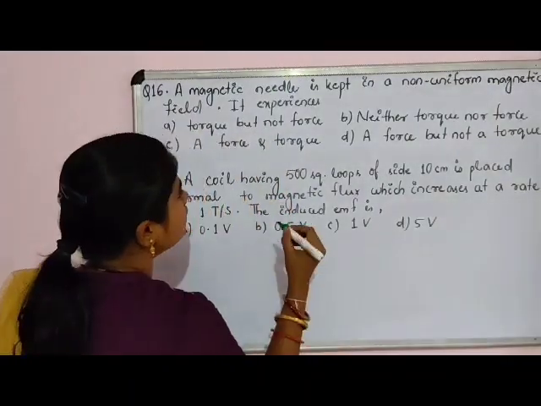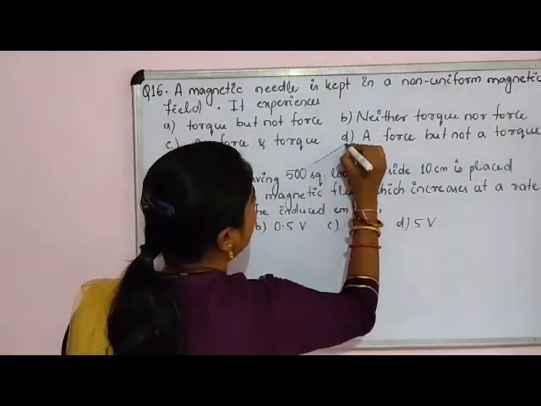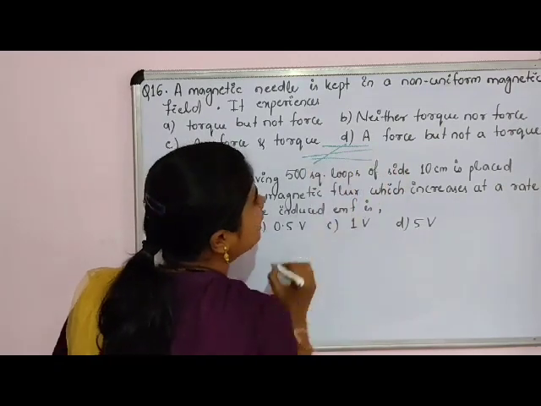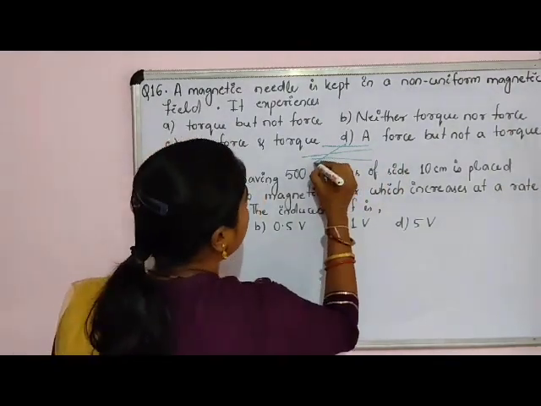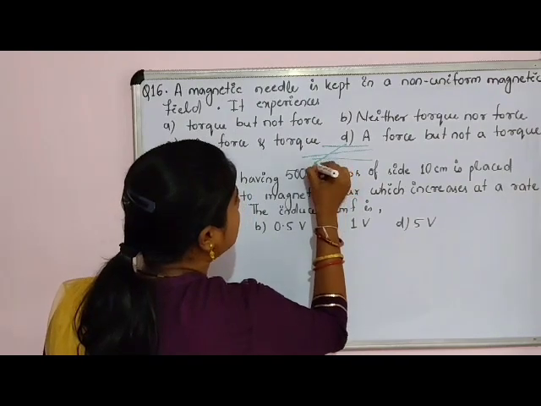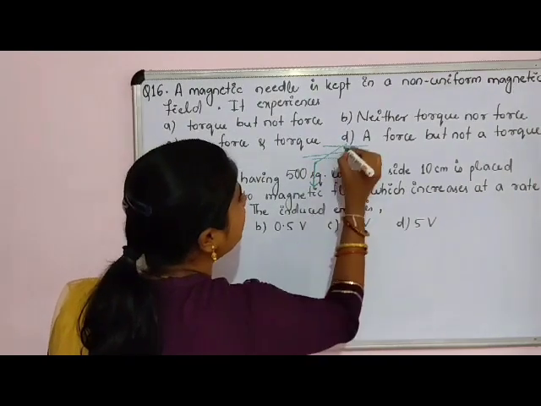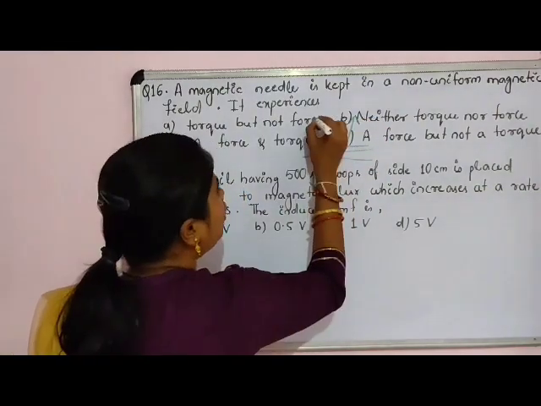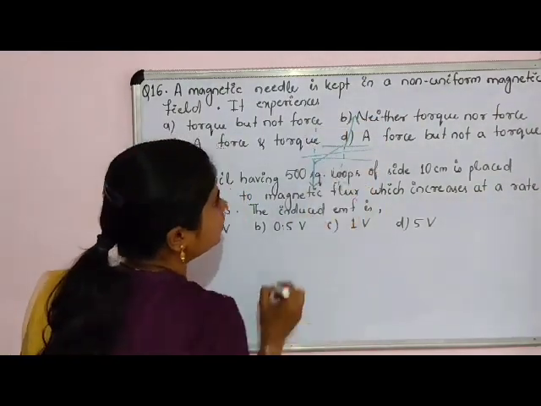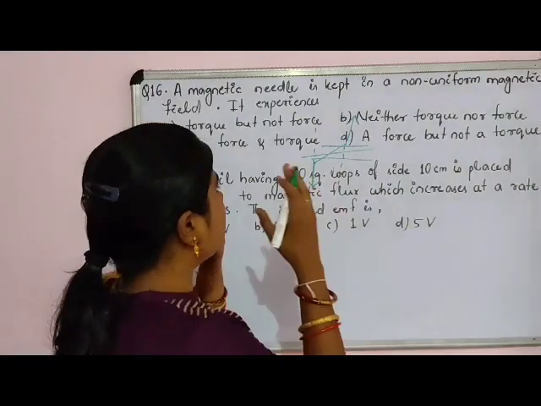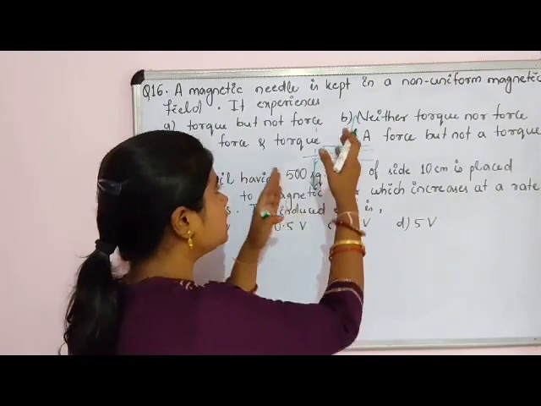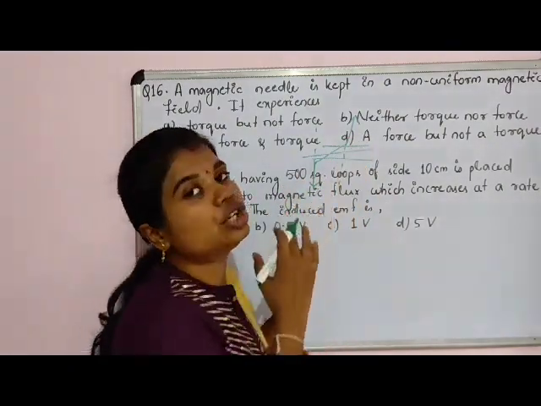Just like you can see, if this is the magnetic needle placed in a non-uniform magnetic field, then one force will act in this direction and another force will act in this direction. So they do not have the same line of action, and because of that we have the force as well as this couple of forces, which will produce the torque.